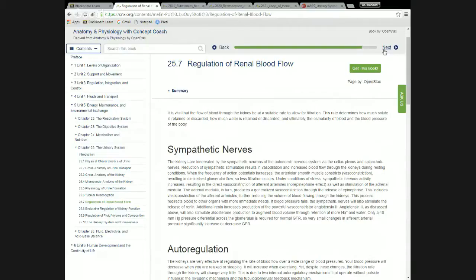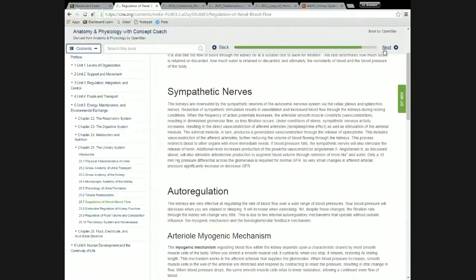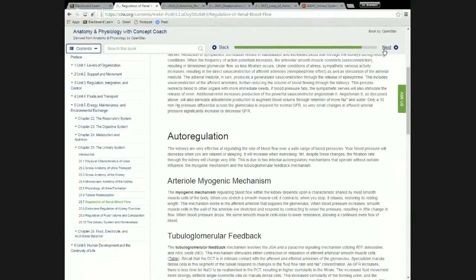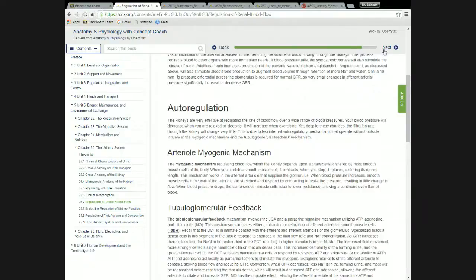to drive that filtration. And the way that it does that really can be summed up in two major parts. The first major part is what we would call autoregulation, meaning the kidneys or the glomerulus itself regulating what it's doing. It can do that through two different mechanisms, myogenic and tubuloglomerular.